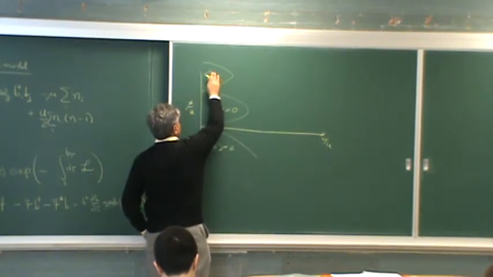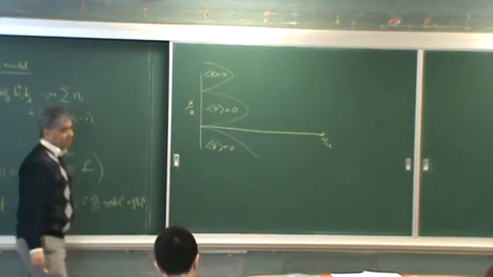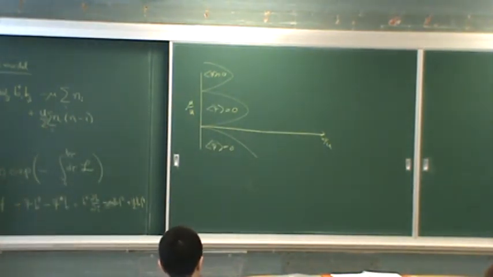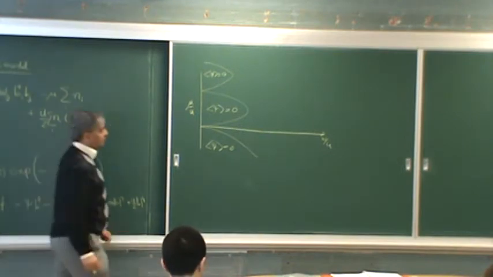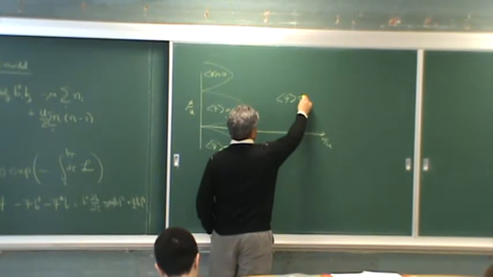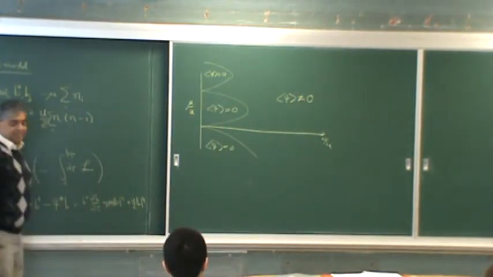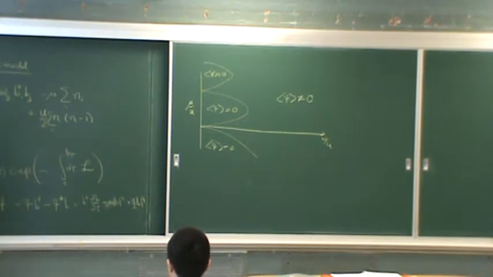These are the insulating lobes, for which we don't need to say much more because perturbation theory from the simple insulating state of an integer number of particles on each site is still good. What I want to say more about is the structure of this phase where psi is not equal to 0. So there's some average value of psi characterizing this phase.